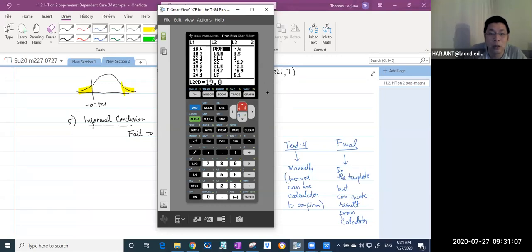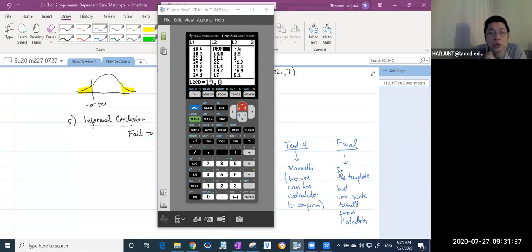They're equal in length, but you still get an error. So your L3 gets an error, you mean? Oh, no. You type L1 minus L2 into your L3.